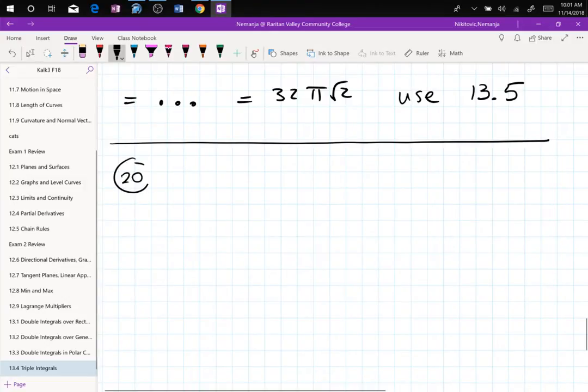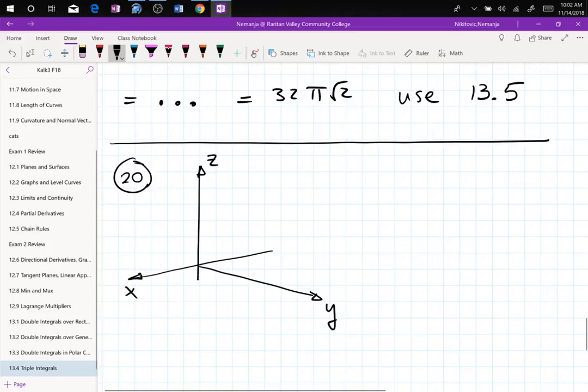Problem 20 has this wedge. So you draw looking at that thing over there, and I'll switch once I'm done. So try to draw this as best as you can, looking at problem 20.